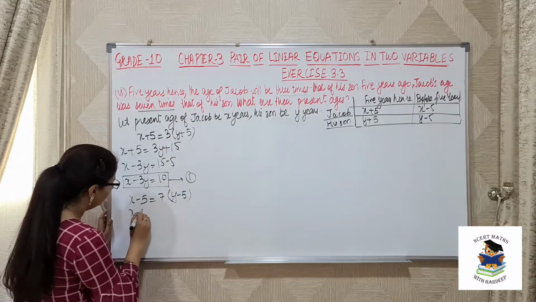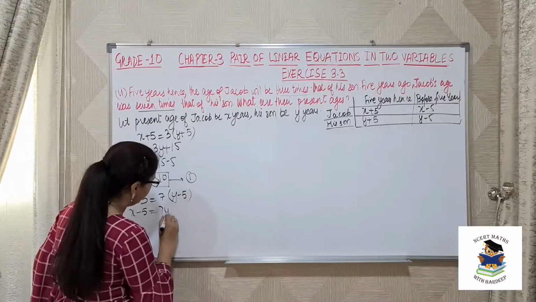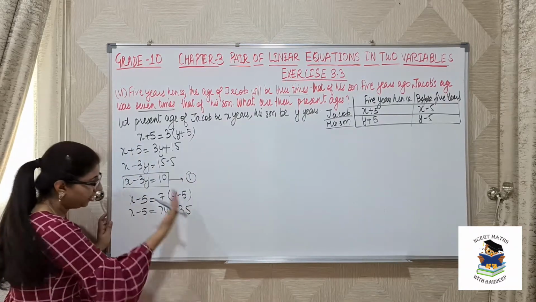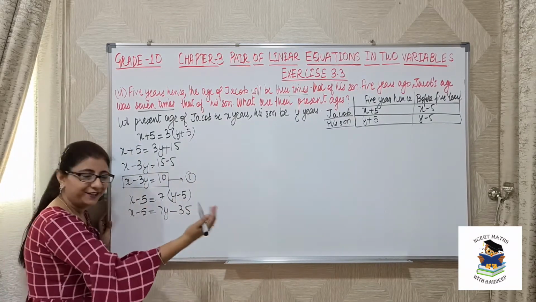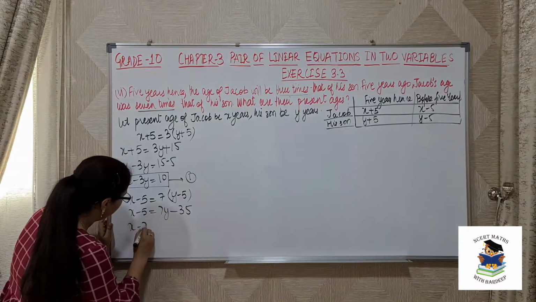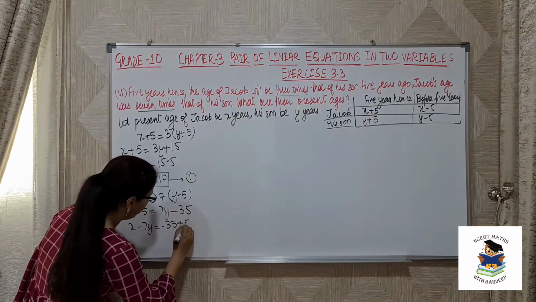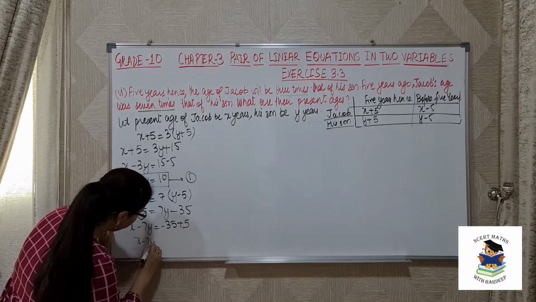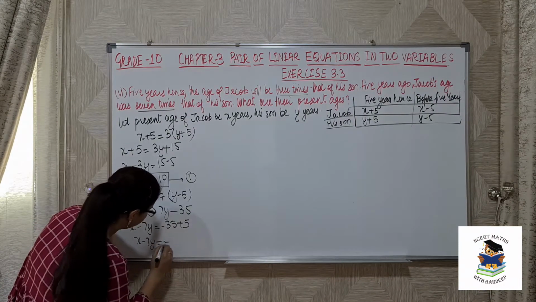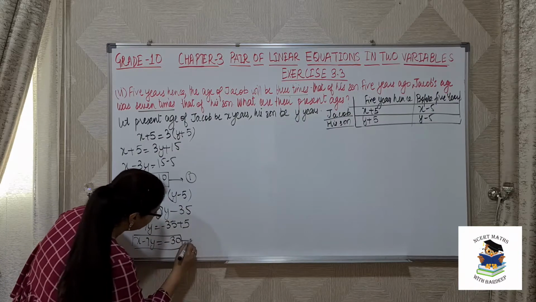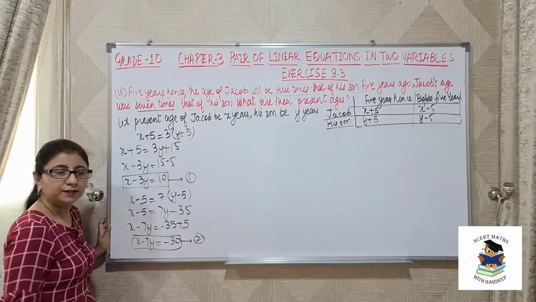So now again open the brackets to form the equation. So 7 into 5 is 35. Again shift variables to one side and constants to the other side. So minus 35 plus 5, and our equation is x minus 7y equals minus 30. Okay, so these are the two equations, right?